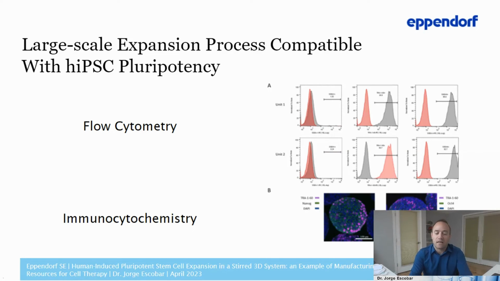We also saw positive pluripotency in immunocytochemistry using transcription factors such as OCT4 and NANOG, similar to the same result we get when we have the human iPSCs in monolayers. I want to highlight that these beautiful images of our iPSC aggregates were obtained using a confocal microscope.